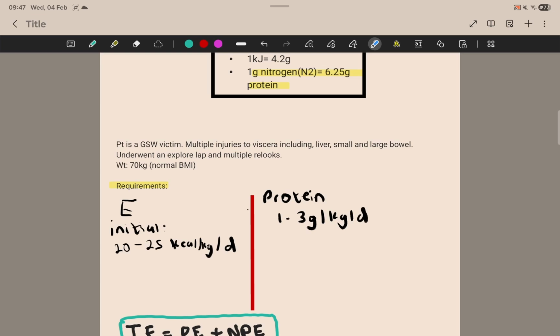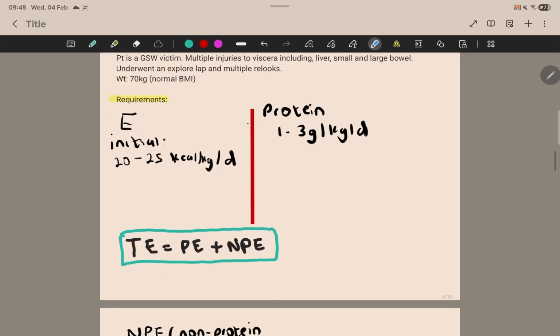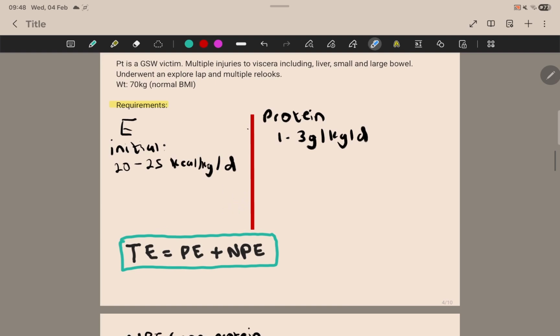It also indicates that this patient has a normal BMI and the weight they give us is 70 kilograms. I'm trying to keep the case studies super simple so that we understand the basics in order to then do other advanced things. So we're going to calculate the requirements.